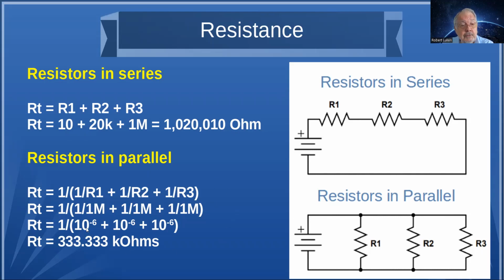So I convert those to the reciprocal of 1 over 10 to the sixth is 10 to the minus sixth. So I have 3 times 10 to the minus sixth, and take the reciprocal of it, or 333.33 kilo ohms. So it's a third of the mega ohm.